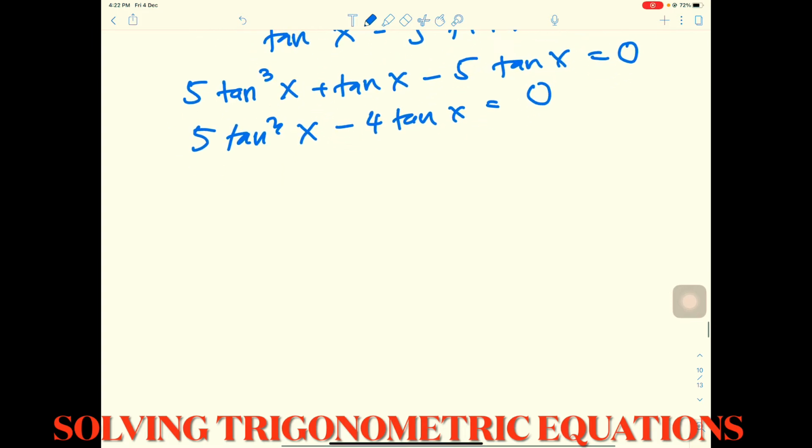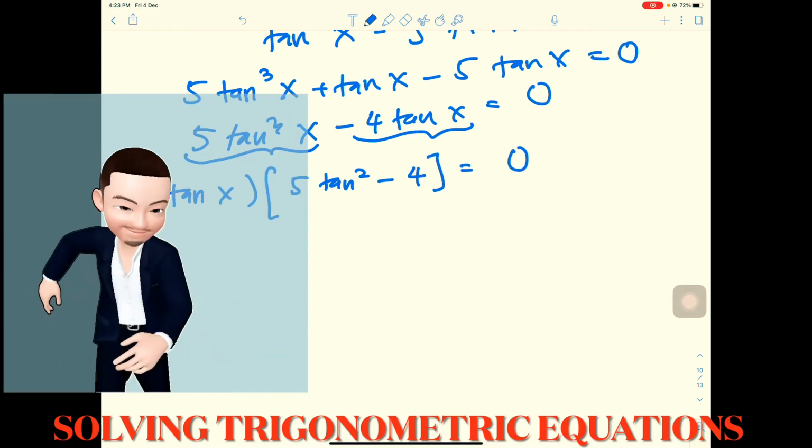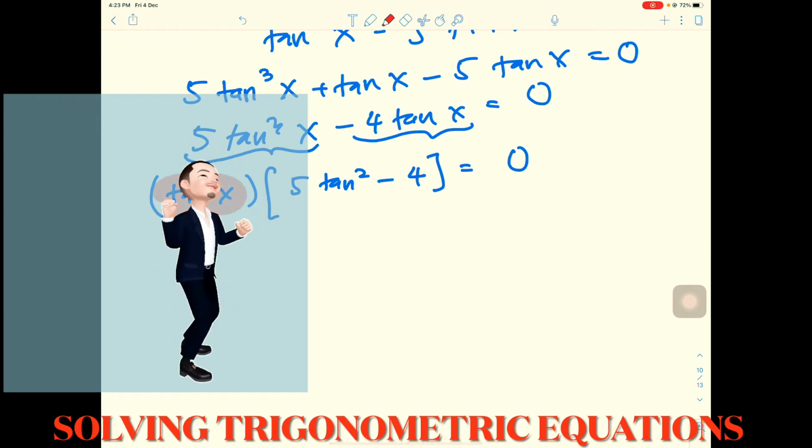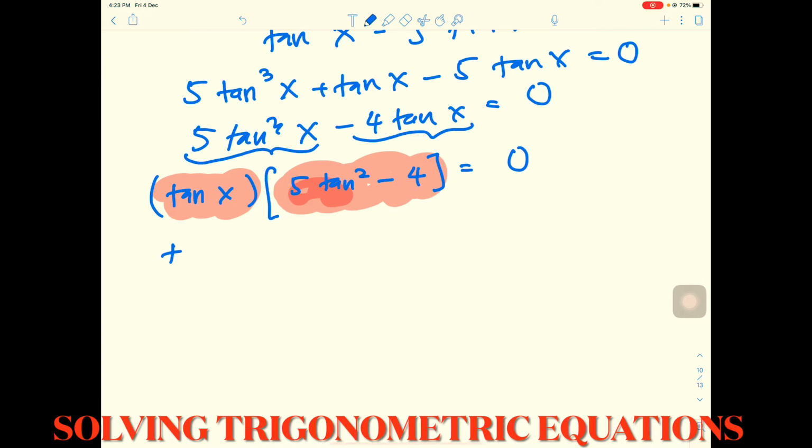From here, factorize, because there are like terms: tan x times (tan squared x minus 1) equals 0. Factorize until you get two brackets equal to 0. So tan x equals 0, or tan squared x minus 1 equals 0.